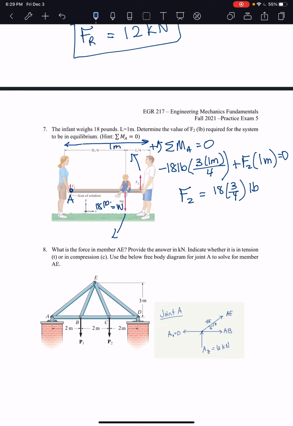But it actually maybe doesn't matter because 18 times 3/4 times 1 meter divided by 1 meter, so the length just cancels out. If it hadn't, we would have been in trouble because we would have had meters instead of feet. So F2 is going to be 18 times 3 over 4. So that's 13.5 pounds.